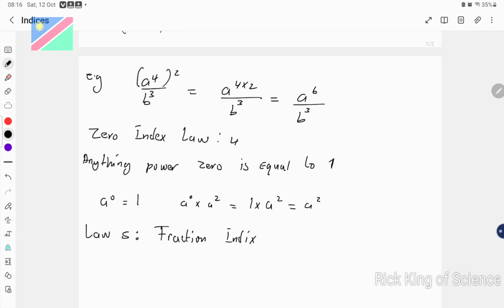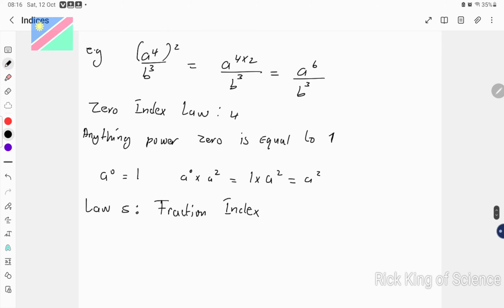What do you do here now? Fraction index. Okay, so let's say you have something like this, the square root of 4.